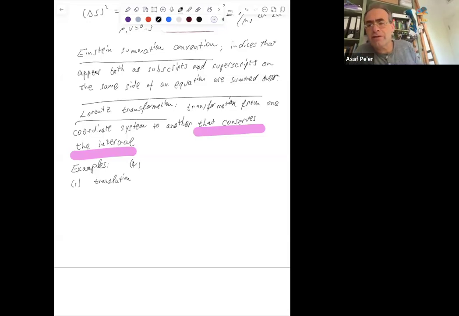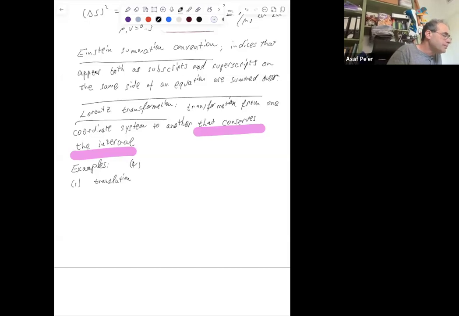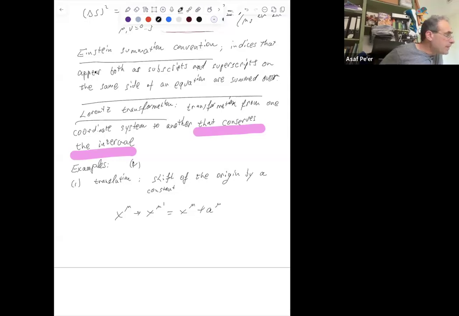It's just a shift of the origin by some constant. So what do I mean? X mu is shifted to X mu prime, which is equal to X mu plus some constant A mu. This is some fixed number.